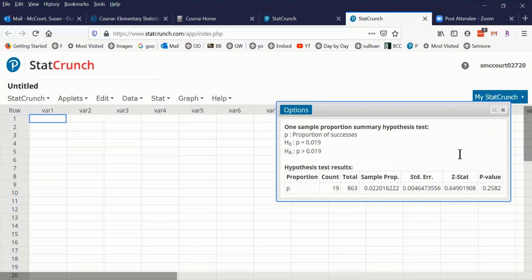So here is our test statistic. And here is our p-value. So our test statistic is like a z-score, and it tells you how far you are from the mean. So let me go back.